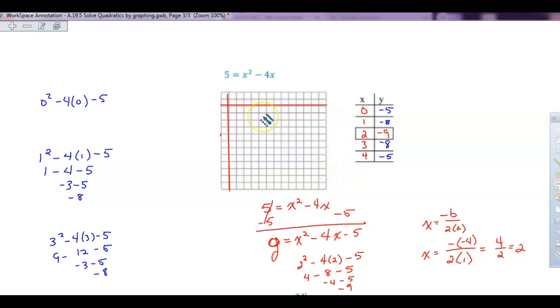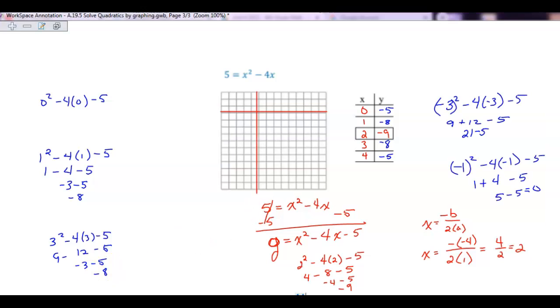So at (0, -5), (1, -8), and (2, -9), it's going to be way down here. It's getting towards off the graph, and this makes it a little difficult. Another thing that I can do is if I know that y is 0, I need to find out what my x is going to be, and so I can work it that way as well.